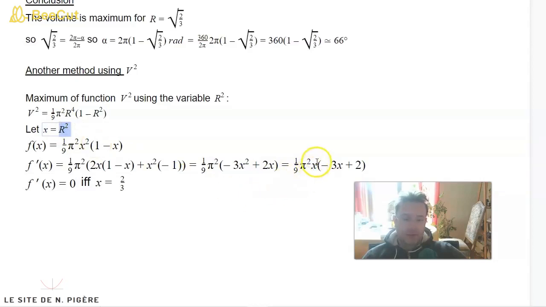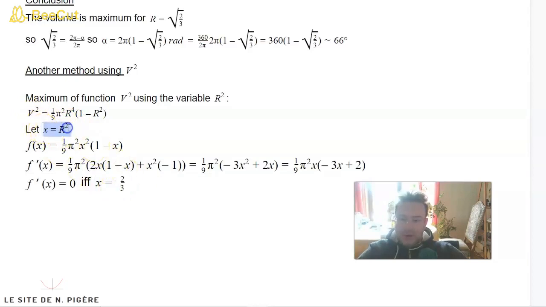So we are not interested in this value of x is equal to 0. Minus 3x plus 2 is equal to 0 when x is equal to 2/3. So the maximum volume of the cone should be reached when x is equal to 2/3.